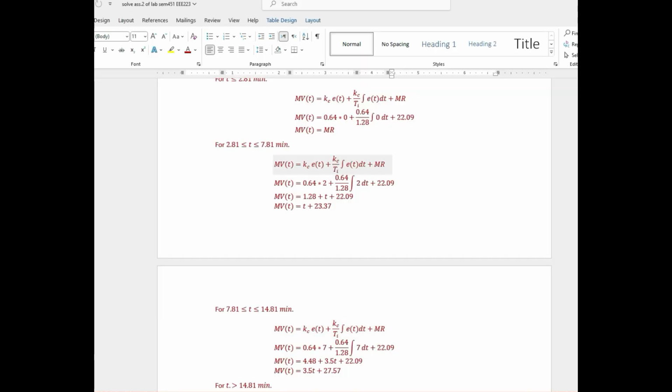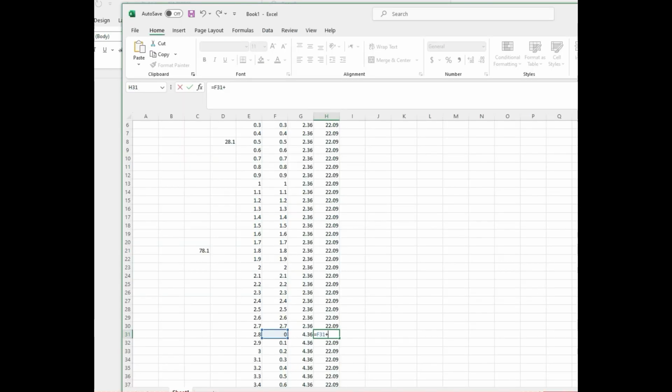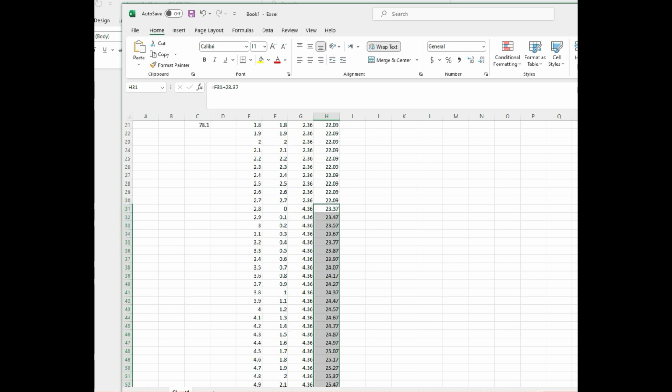see the equations, 23.37, and fill it until the upper limit for this second interval.